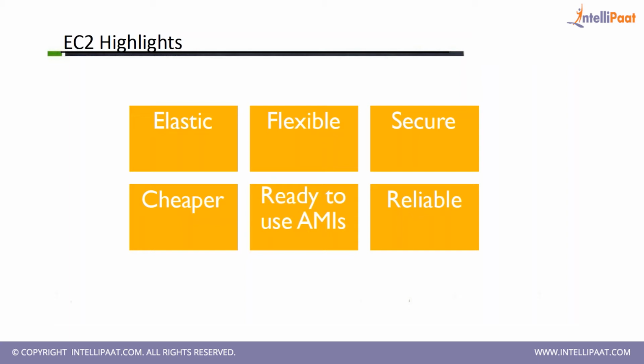All will have the exact same thing: your Red Hat operating system, DB2, Oracle, and Java. And of course, it is reliable because AWS follows a lot of compliance, and the reports are there on their website. If you want to check the compliance reports, you can go to the AWS website and check that.